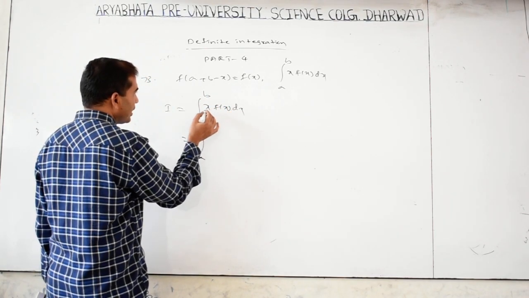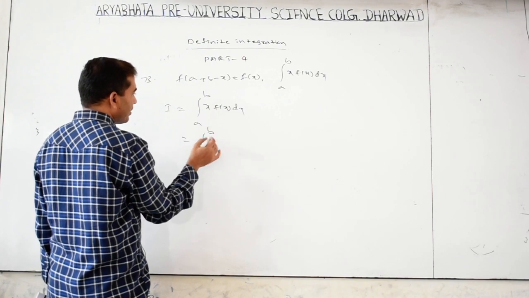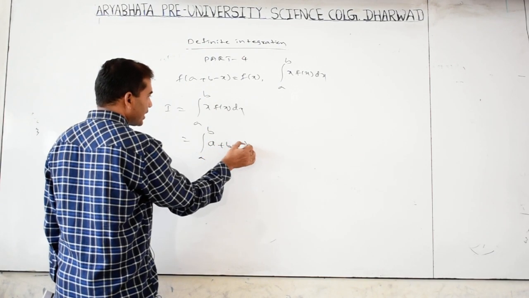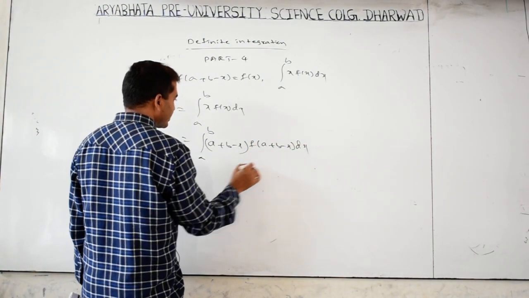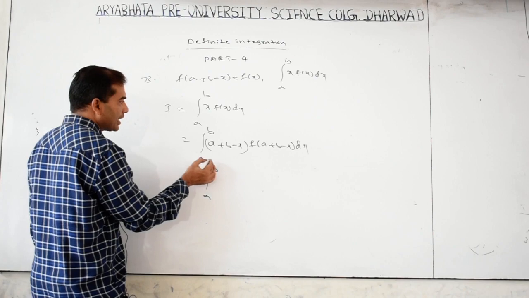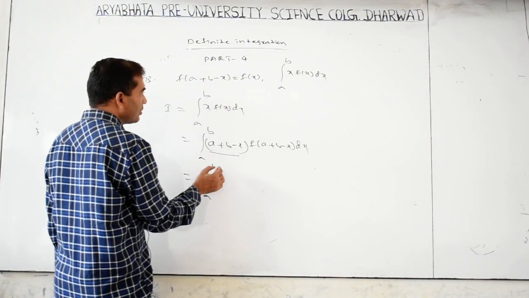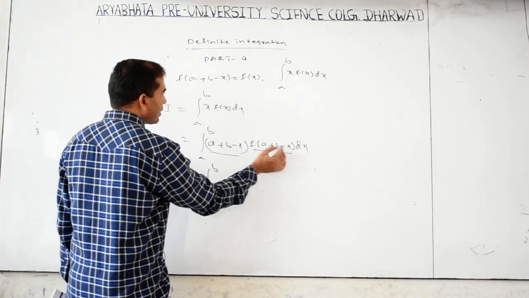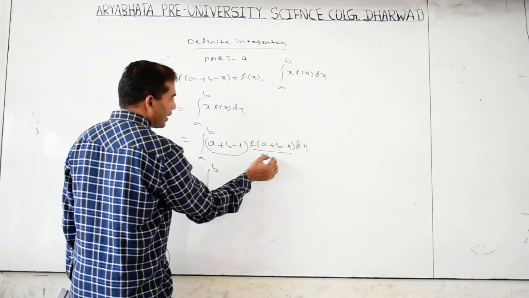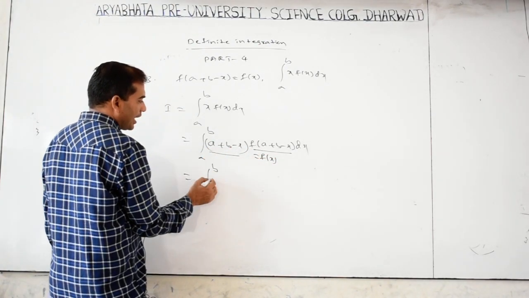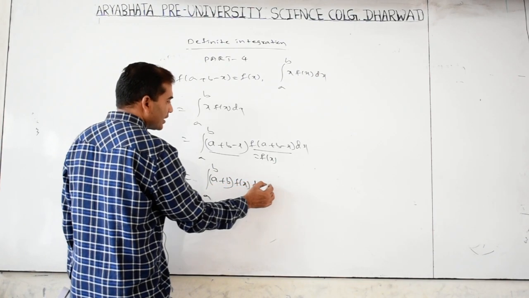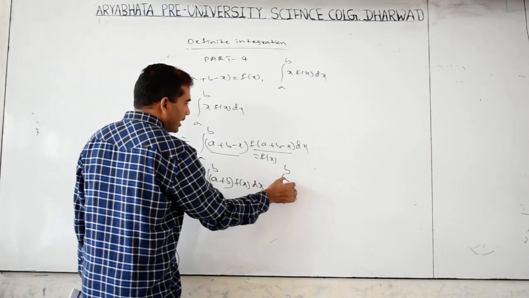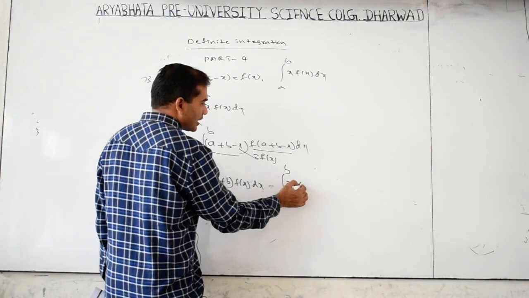Integration of a to b, in place of x write the sum of the limits, a plus b minus x, f of a plus b minus x, dx. Integration of a to b of (a plus b minus x), where f of a plus b minus x equals f of x, splitting, is a plus b into f of x dx minus a to b of x into f of x dx.